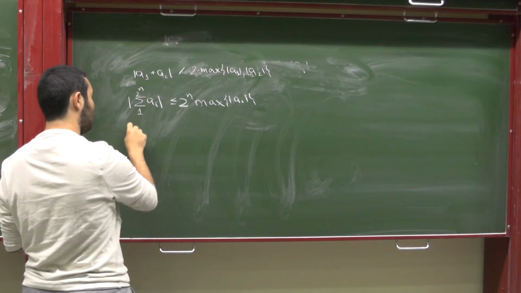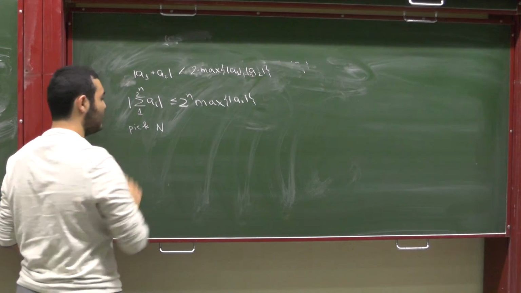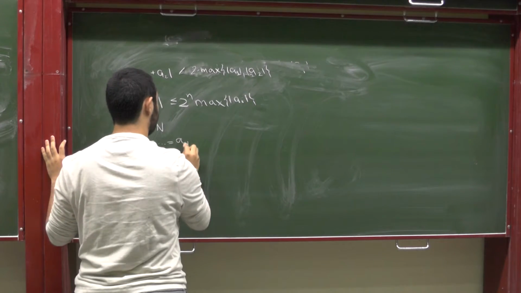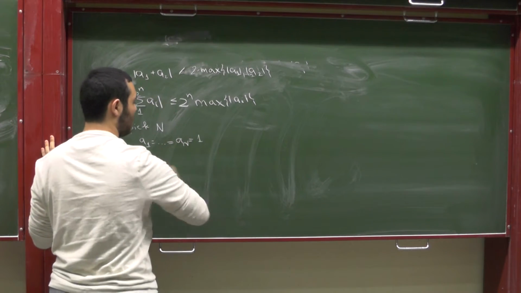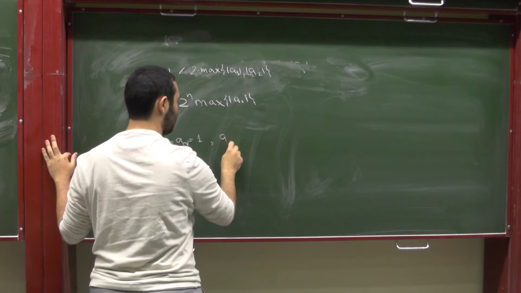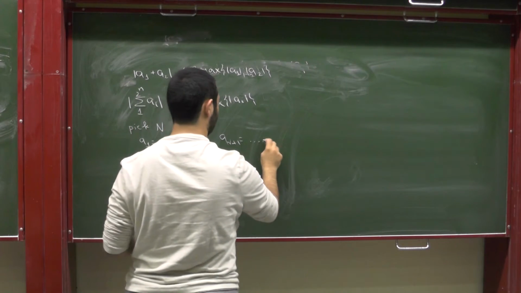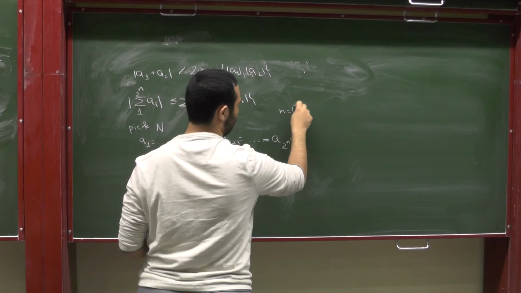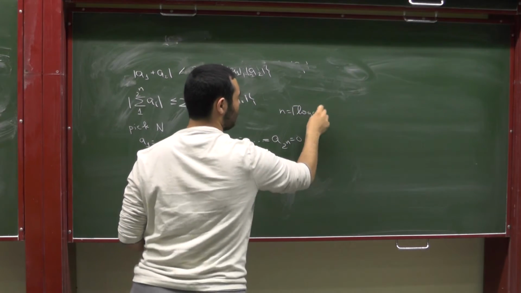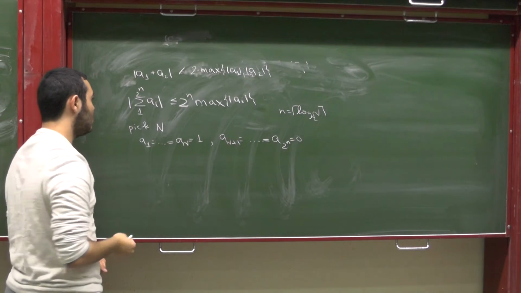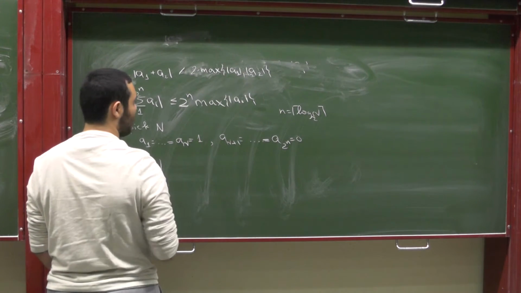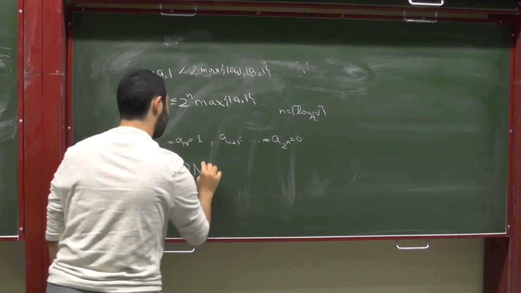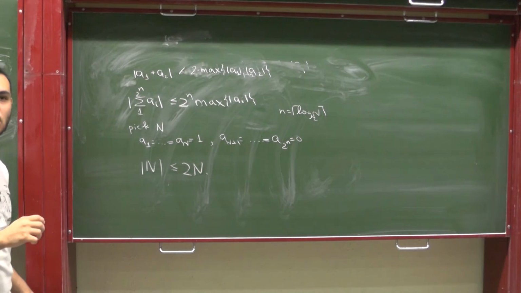So take now some n, and let me pick the first n ones to be 1, and the last ones to be 0, chosen appropriately to not waste any space. So for the absolute value of n, you get that it's bounded by 2 times n.